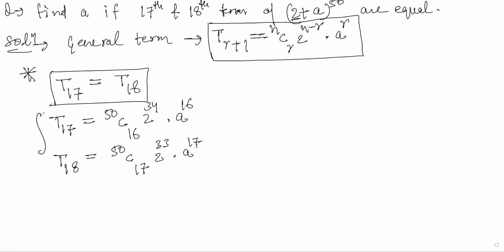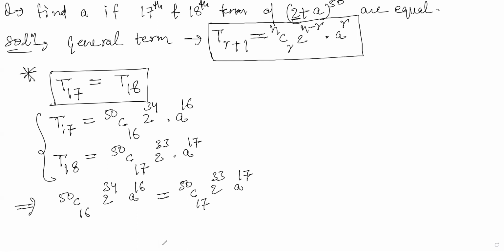Now, as these two terms are equal, we have 50C16, 2 to the power 34, a to the power 16 equals 50C17, 2 to the power 33, a to the power 17.